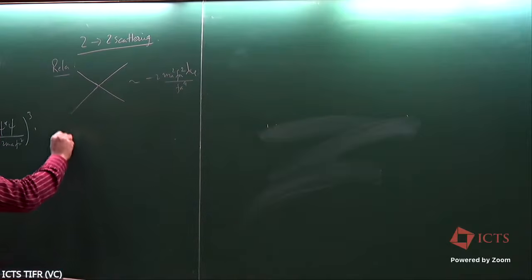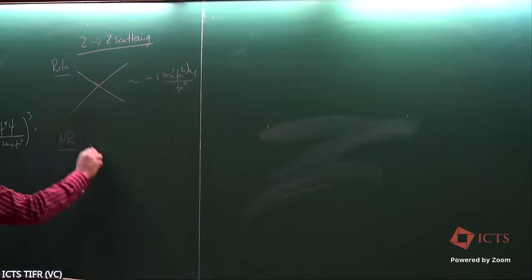And I can do the same thing in the non-relativistic scattering. I can again look at the 2-to-2 scattering in the non-relativistic theory, where again I have the contact interactions coming from this term.